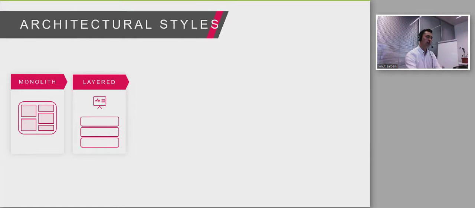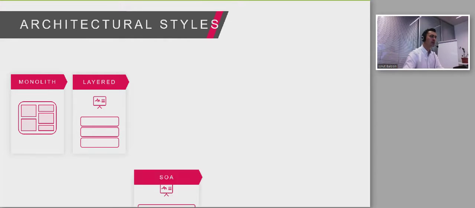Also, if you want to scale, the question would be, how should I scale a layered architecture? Should I scale one layer in itself, or should I scale all the layers and so on? So still not very efficient.